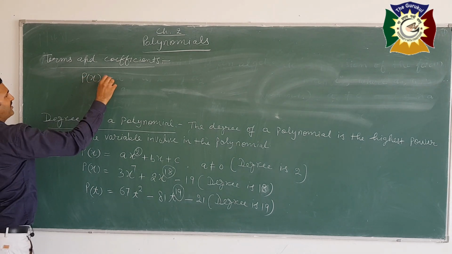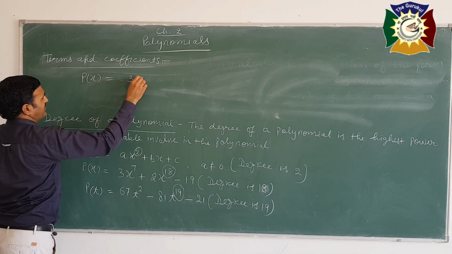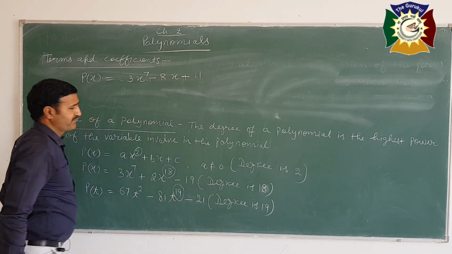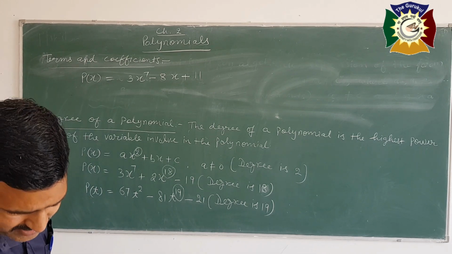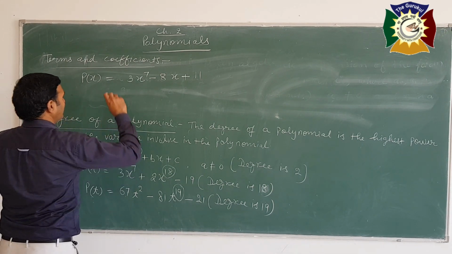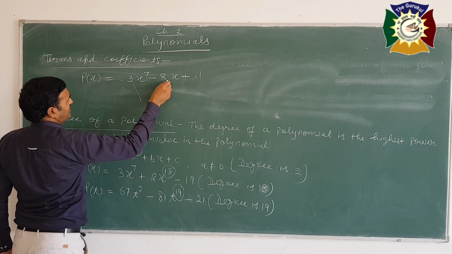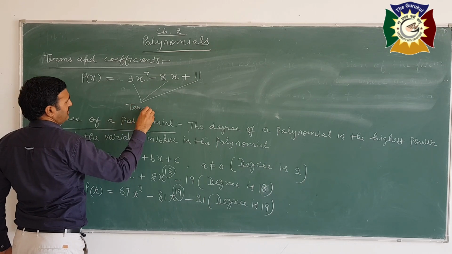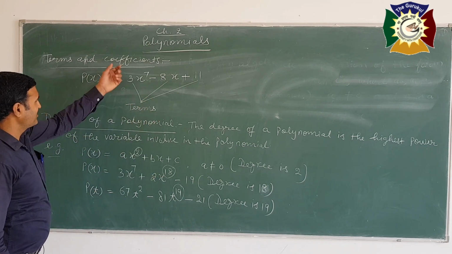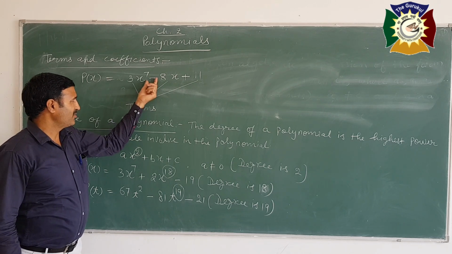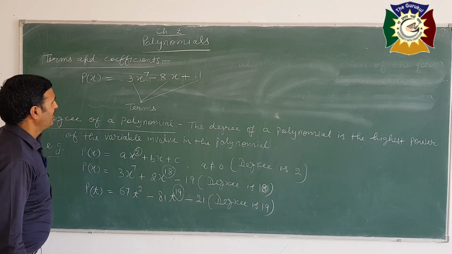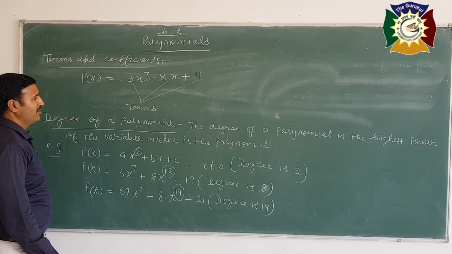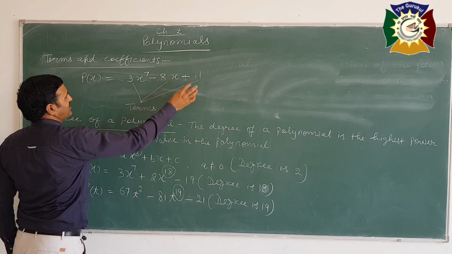Suppose this is a polynomial in x. The degree of this polynomial is 7, and there are 3 terms in this polynomial. These are the terms. In this, the terms are separated by the operations plus or minus. Any one operation must be between the 2 terms, plus or minus. So, these are 3 terms in this polynomial.